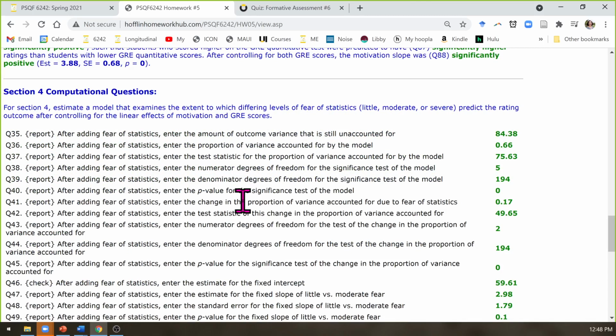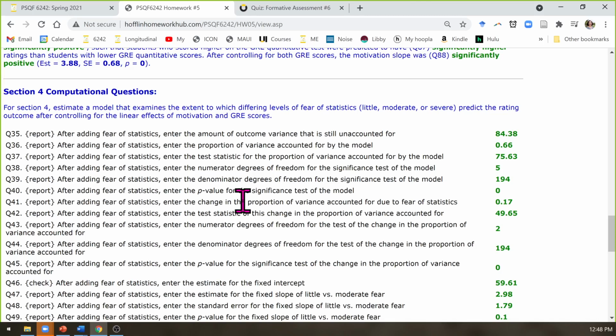The way that I had instructed you to set up dummy contrast variables for Fear of Statistics was to contrast little versus moderate and moderate versus severe. So the way that you would have created those variables would be 0, 1, 1, and then 0, 0, 1.